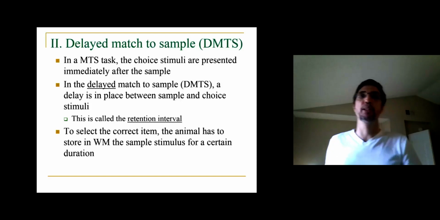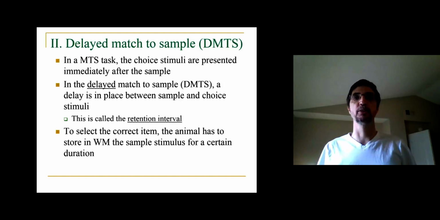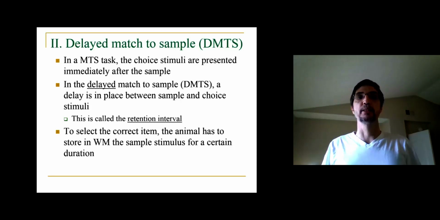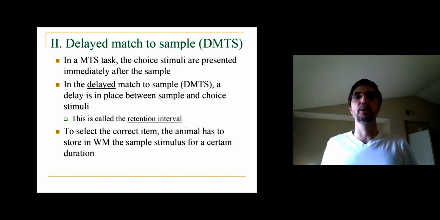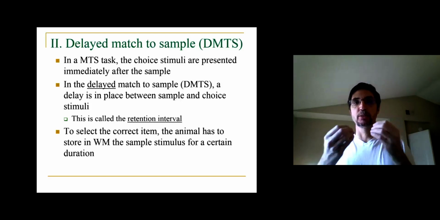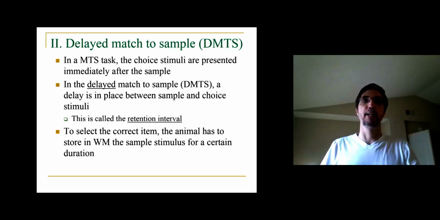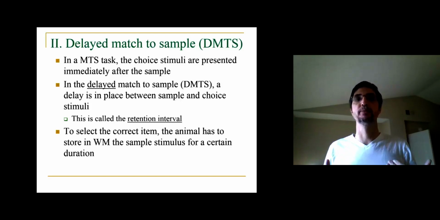Another paradigm that's been developed to test the duration of working memory is the delayed match-to-sample task. And we've already examined match-to-sample tasks; we've looked at this paradigm ad nauseam already. In a match-to-sample task, the animal sees a sample stimulus, and right away they see 2 or more choice stimuli, and they have to choose the one that matches the sample.